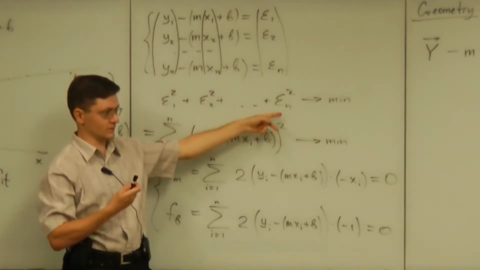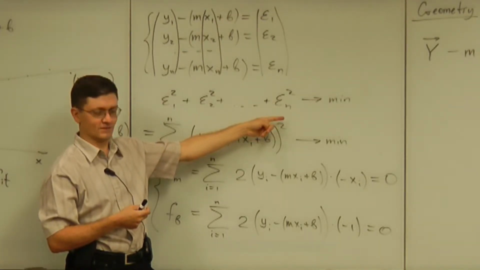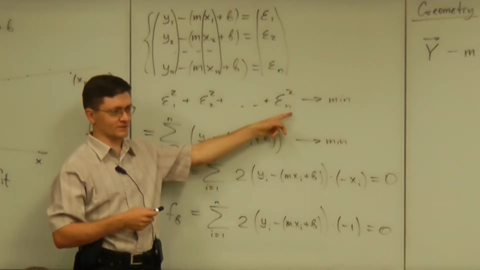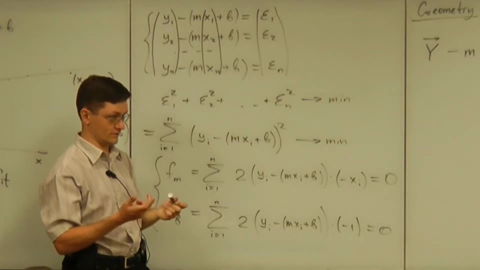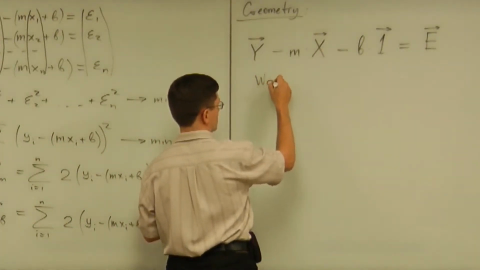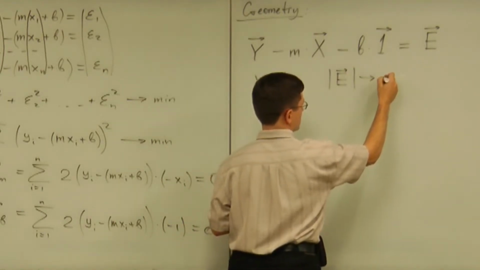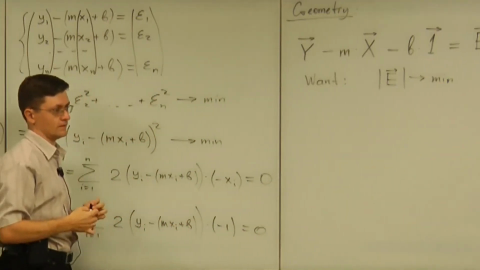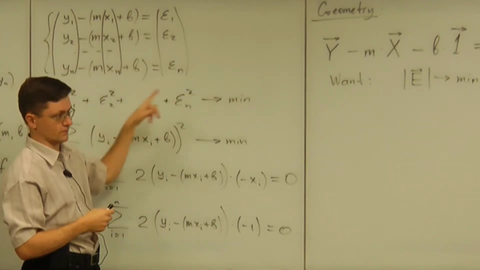Sum of squares, yes. What is it in terms of the vector? Is there a new word describing the sum of squares of all the coordinates? Isn't it the magnitude of that vector? So we want the magnitude of that vector to be the smallest.